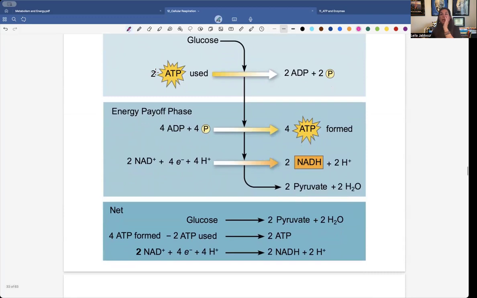So there's an initial energy investment during glycolysis, and sometimes it pays off if we actually use the energy in the cell, and other times it doesn't pay off because the cell is really not very active. And here are your electron acceptors. NAD plus is going to come down to NADH.